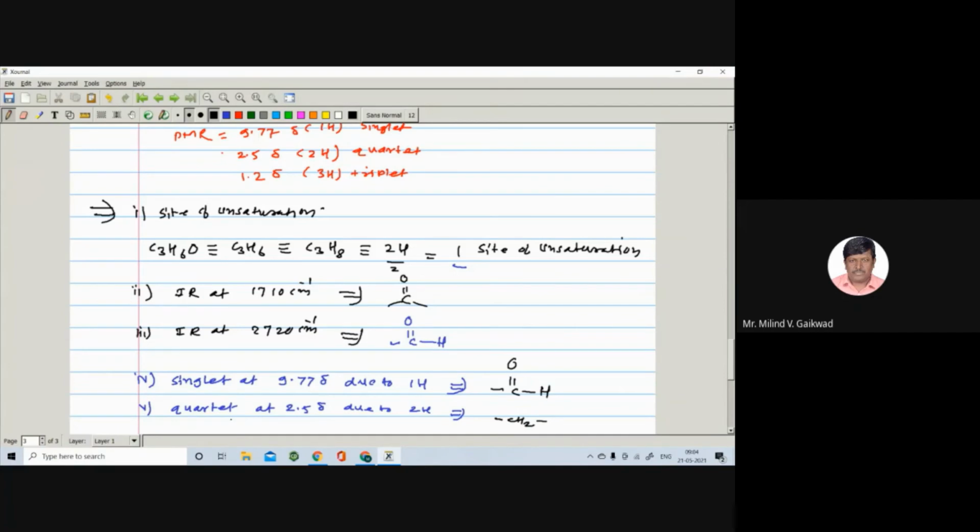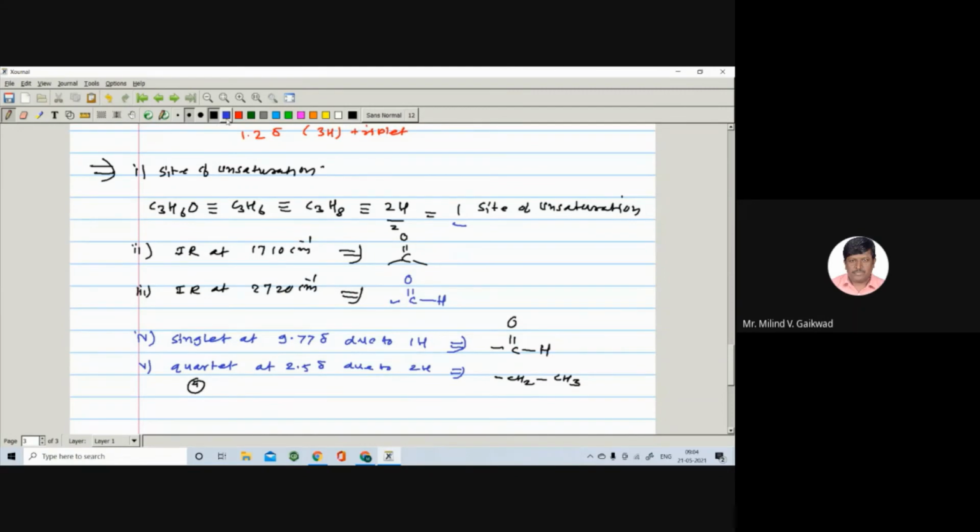And you are getting a quartet. Quartet means 4, so it indicates that the nearer carbon contains 3 hydrogen, because you just subtract 1. So there may be presence of CH3, and such a type of skeleton may be present.